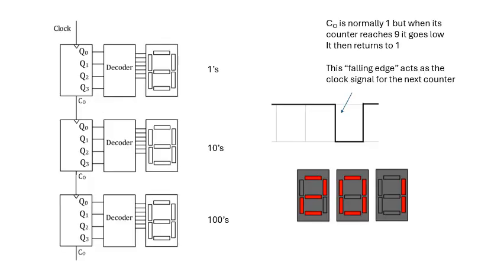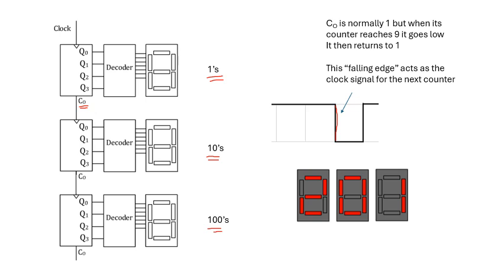Then if we stack them in sequence, we can have ones, and then when Q3 goes up to 1, there's the carry bit. This C0 here is a carry bit, and the carry bit acts as a clock signal for the next counter, and so the next counter starts when you get to 10. And then similarly, the next counter starts when you get to 100.